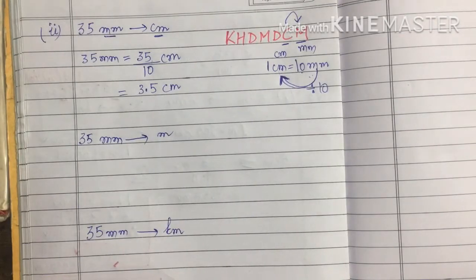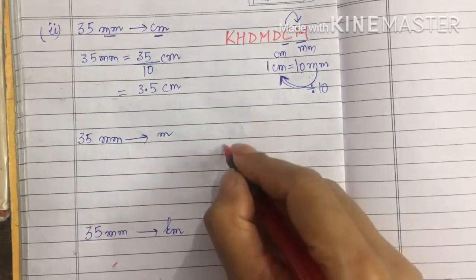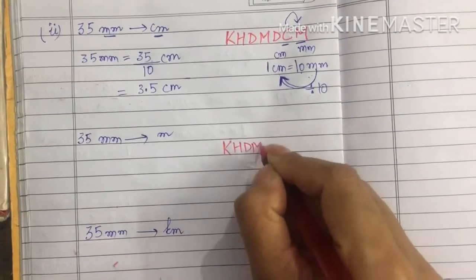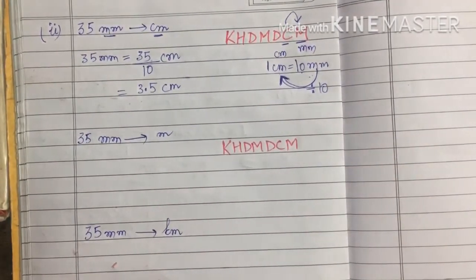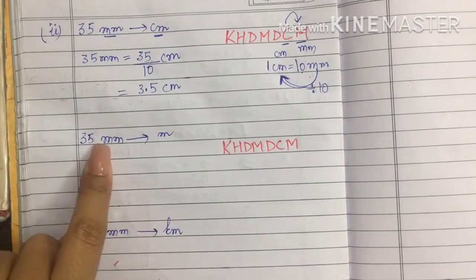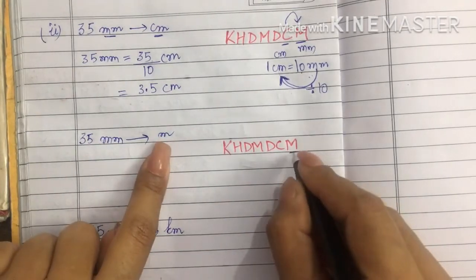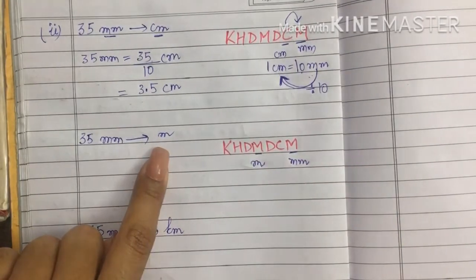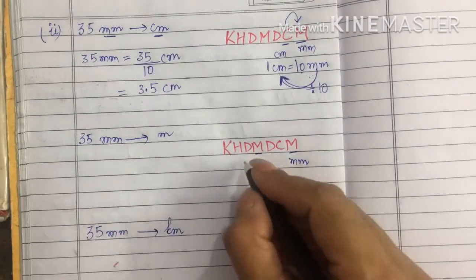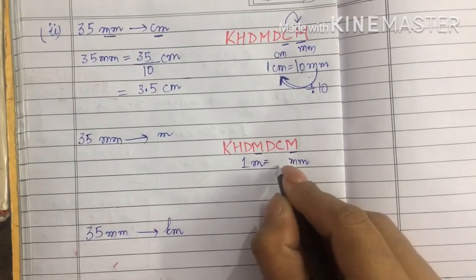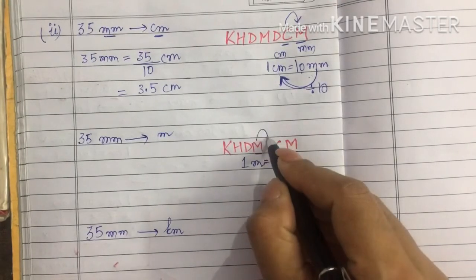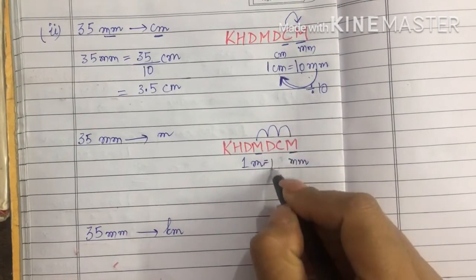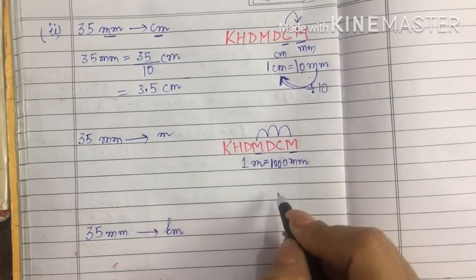Let's do the next part. Again, I'm using this KH/dm/dcm. Identify mm and m. So this here is millimeters and this m in the middle is meters. So 1 meter equals to, tell me what should I write here? Count. 1 jump, 2, 3. So here will be 1 with 3 zeros, 1000.